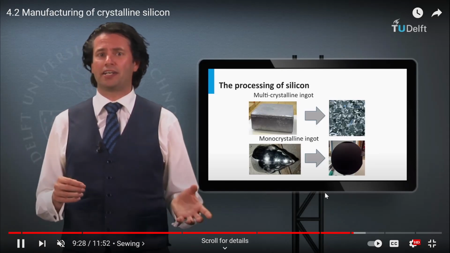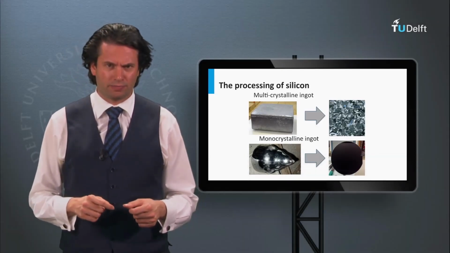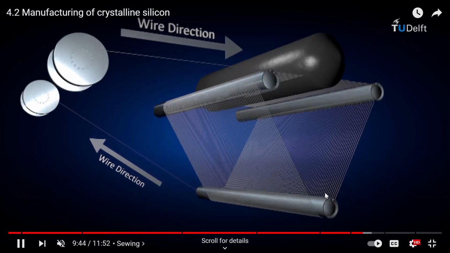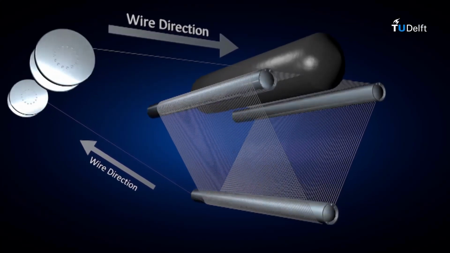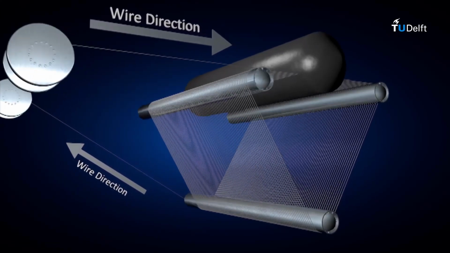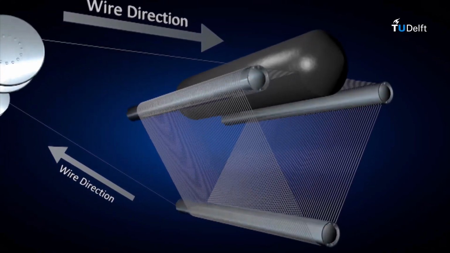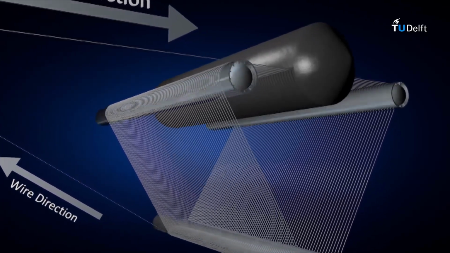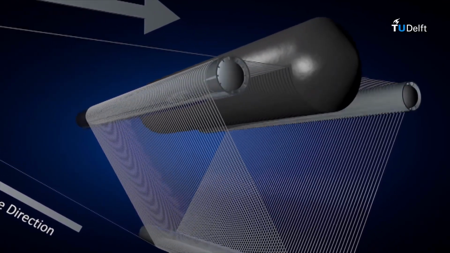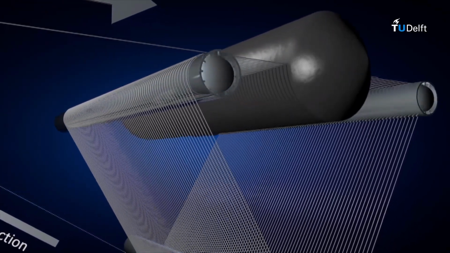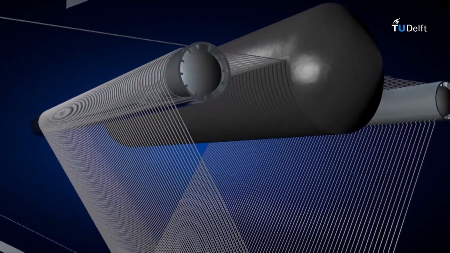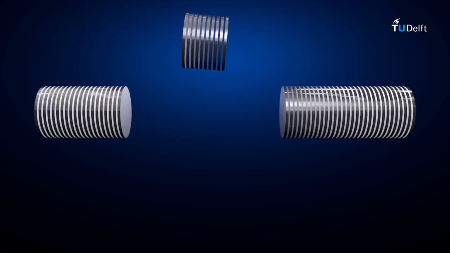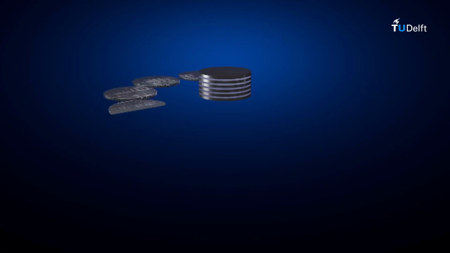So then we have the multicrystalline ingot and the monocrystalline ingot, and from these ingots we get wafers. These are some wire cutting techniques. The wires cut and then we get the wafer.